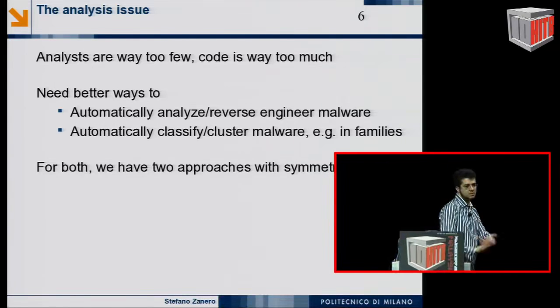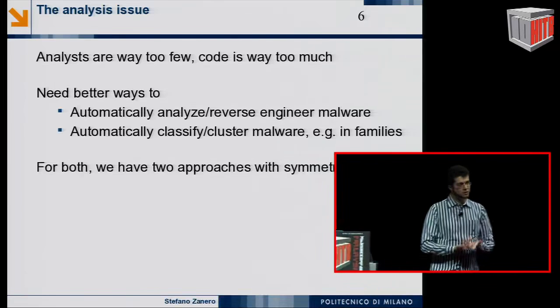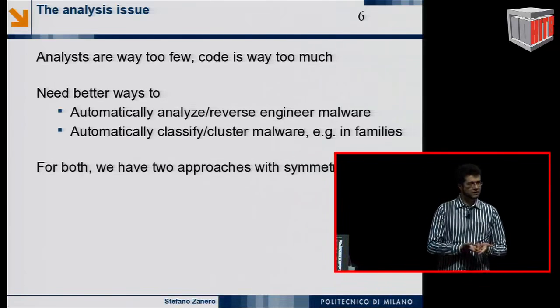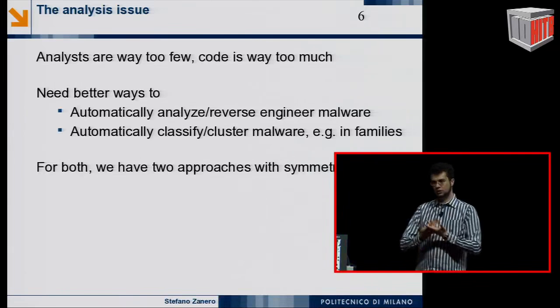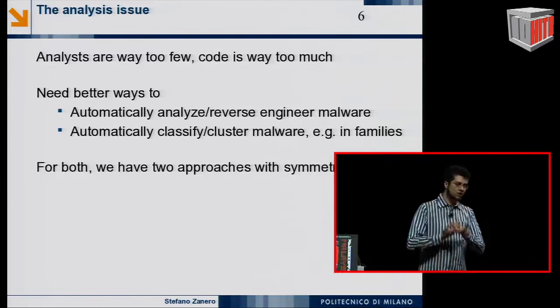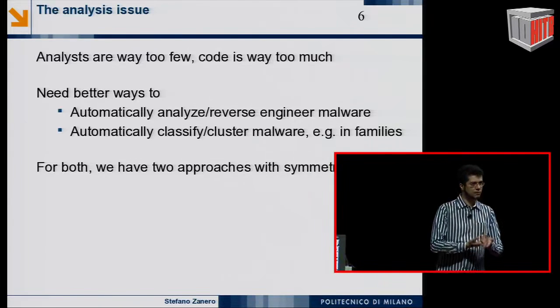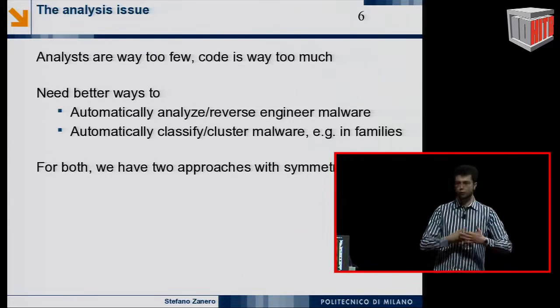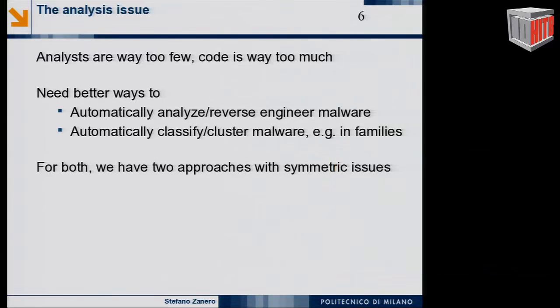And as most of you probably know, automatically reverse engineering something is a very, very difficult problem. It is so difficult that it cannot be solved generally, for all computer programs. But it can be solved for some specific subset of interest.